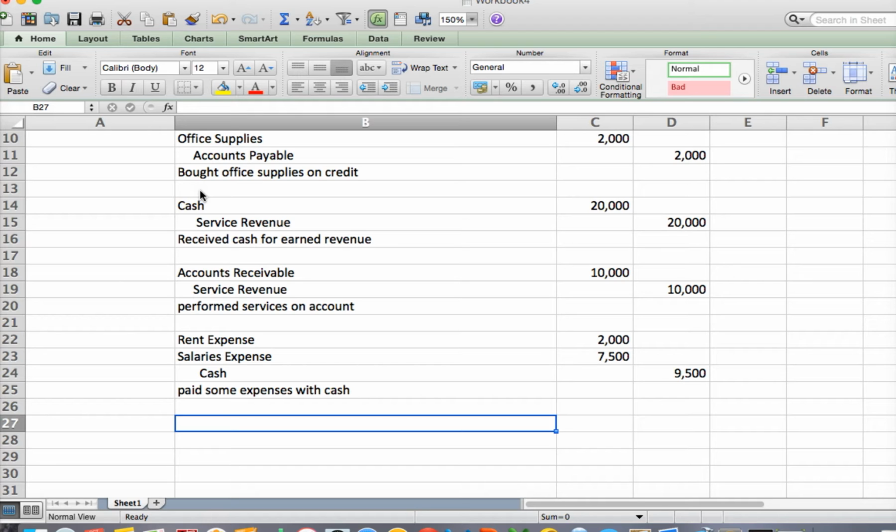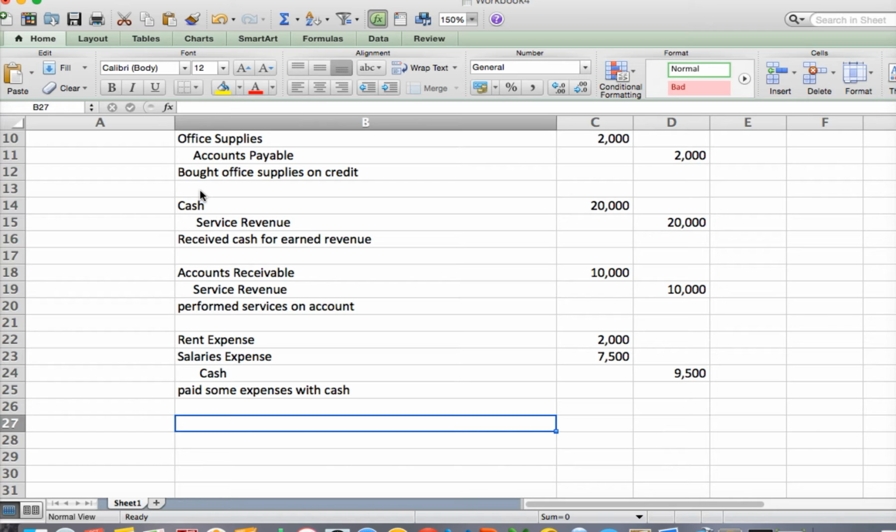And remember, it's okay to use these templates to record them, to say, okay, anytime that I am performing some services on account, it's going to look like this. But remember, I saw this a lot on some of the quizzes. You can't necessarily plug these in word for word if you're doing another entry. So if I ask you to do an entry to record some expenses paid with cash, but the expenses I'm asking you to record are not rent or salaries, then obviously you wouldn't use rent or salaries expense to record those.